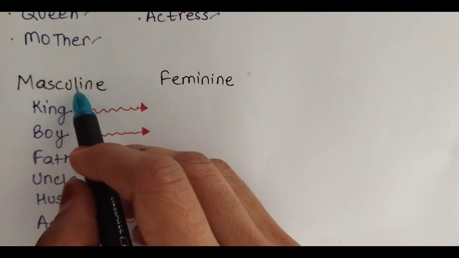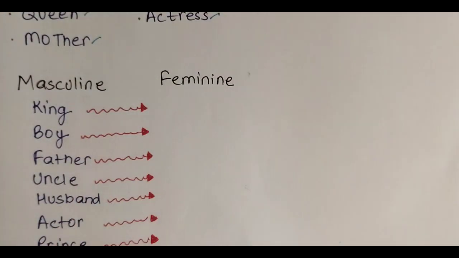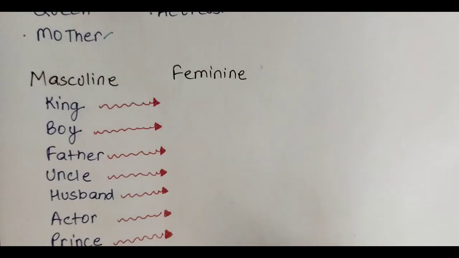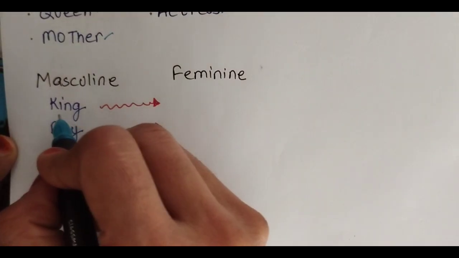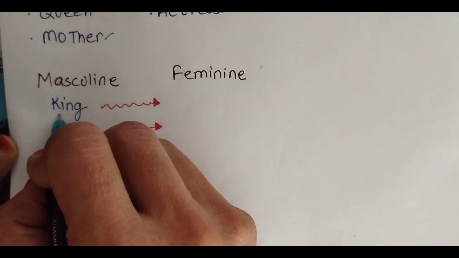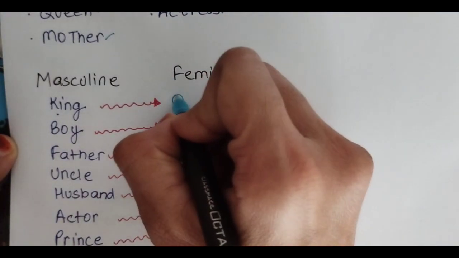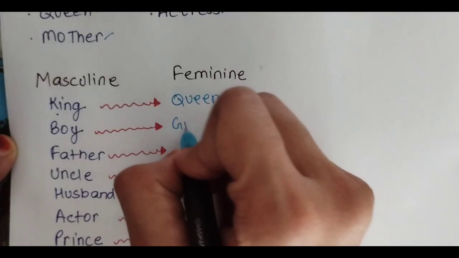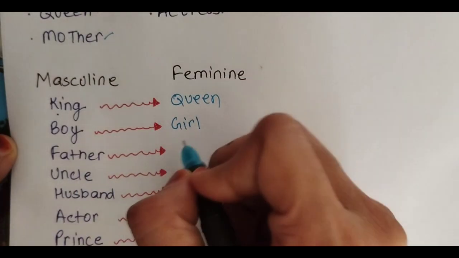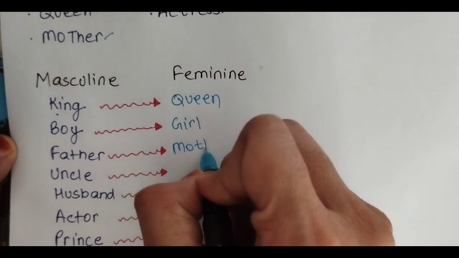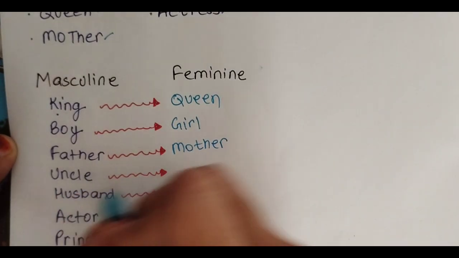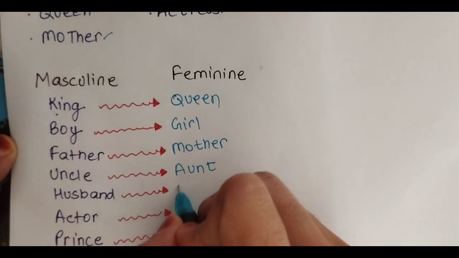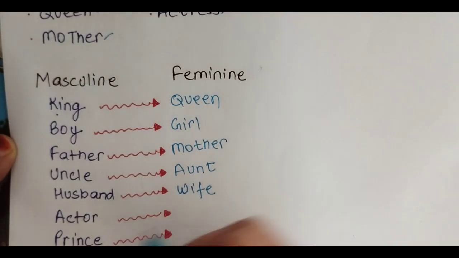Now we will do the masculine and feminine exercise. Here the masculines are given, we have to write the feminine. So tell me, what is the feminine of king? That is queen. Boy, girl. Father, mother. Uncle, aunt. Husband, wife.